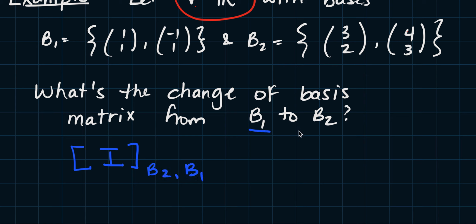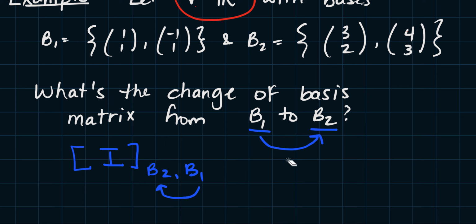So like I said, it's in the opposite order of what you think it is. We put the starting point on the right and the ending point on the left. So we're going from B1 to B2, B1 to B2.